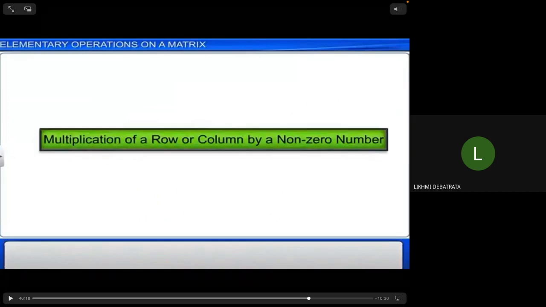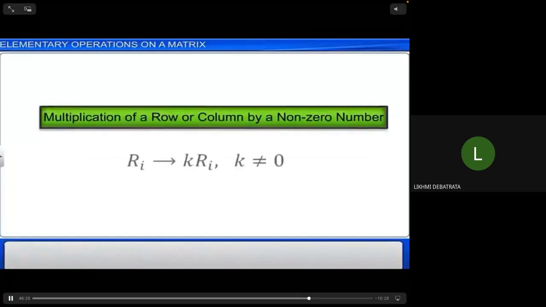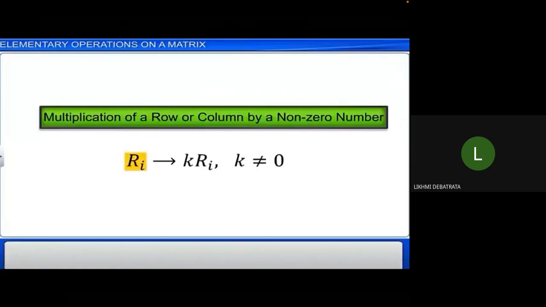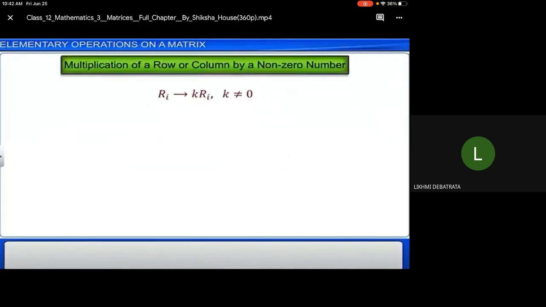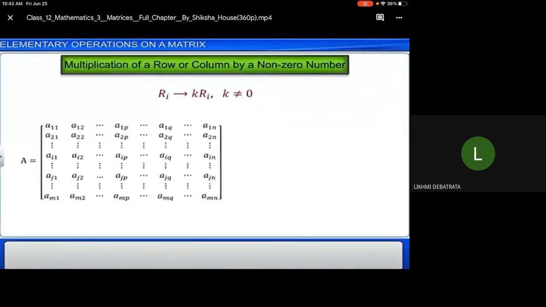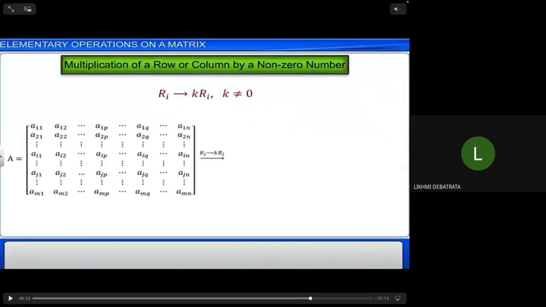Okay, multiplication of a row or column by a non-zero number. If you want to multiply any row completely by a non-zero number, we write R_i → k R_i, where k is non-zero. Sir, if we multiply, the matrix will change now. You may have that doubt. Yes, it is going to change.